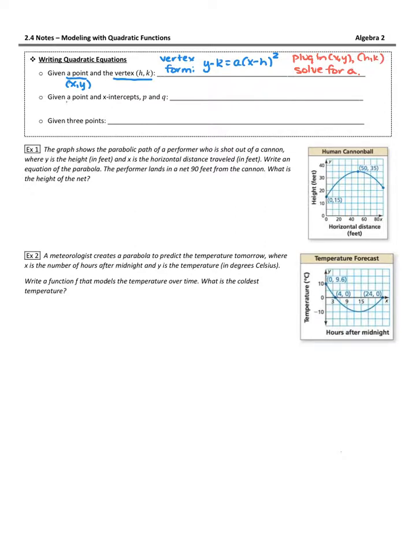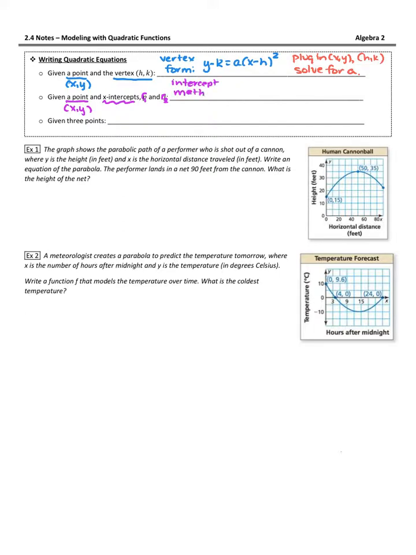Another method is given a point, and again, we're going to go through an example of each of these, and given the x-intercepts, remember we were calling these R1 and R2. Since these are the intercepts, we're going to use the intercept method.